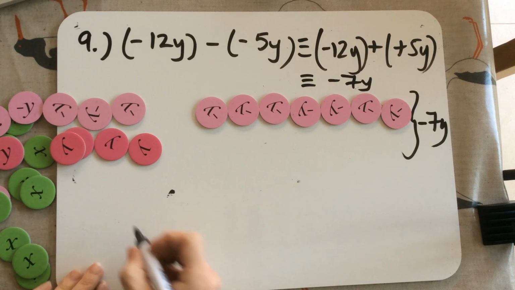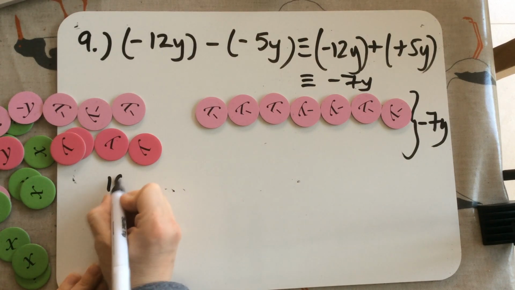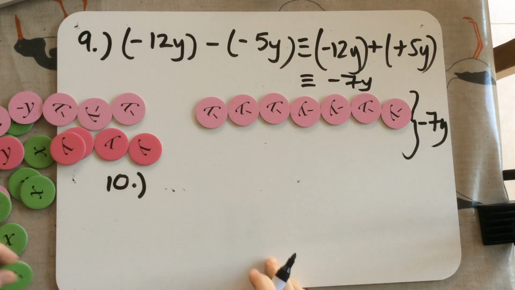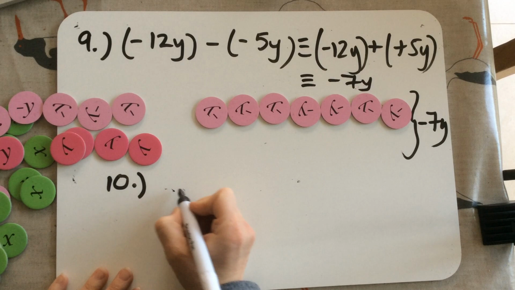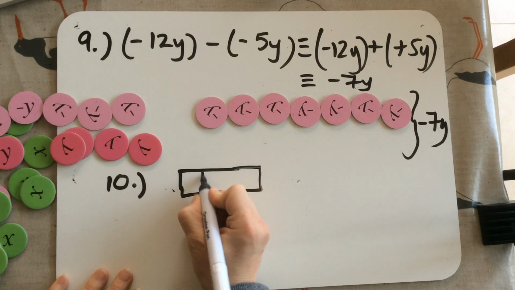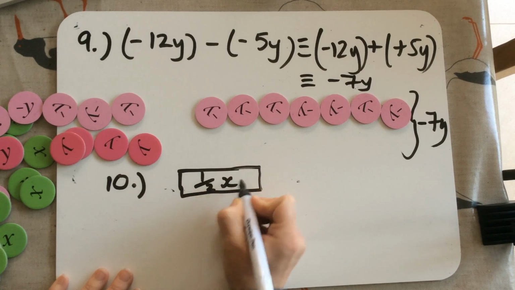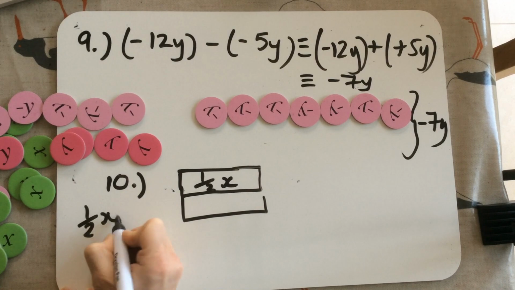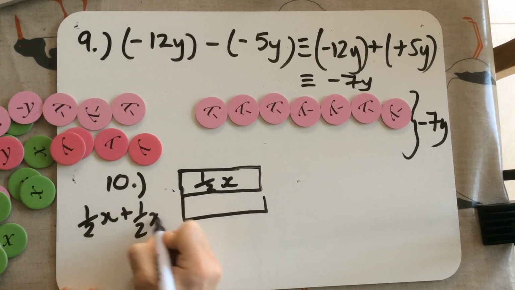I could have answered each of these questions with a bar model instead. So if you've done that, that's fine, provided you've got the same answer. And you would have needed to partition your bars in order to create your zero pairs. Question 10, though, I'm going to need a bar model because I can't create half a counter. So the question was a half x add a half x.